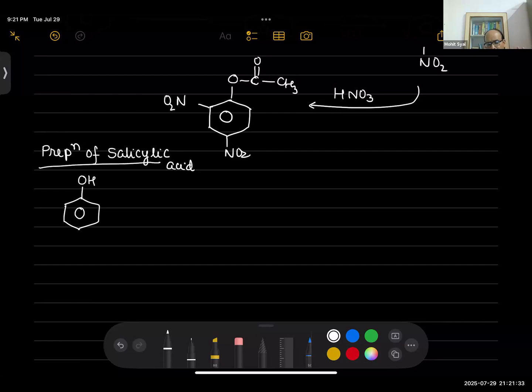So, Jaslyn, how are we going to put the COOH group? Salicylic acid, Aisha, how are we going to put it? First take NaOH. Yeah, tell me.